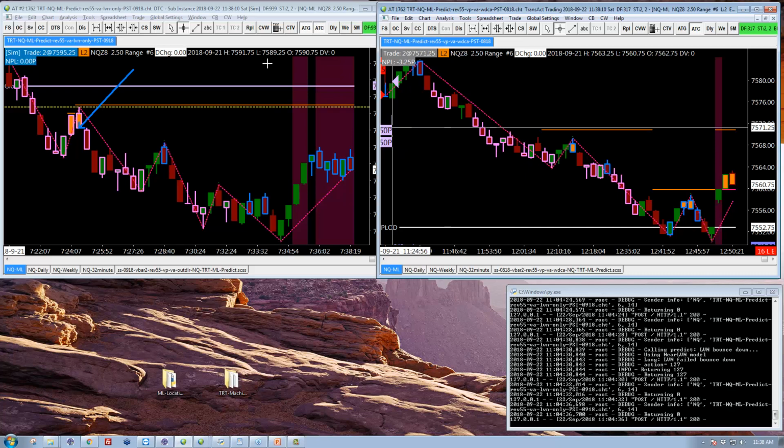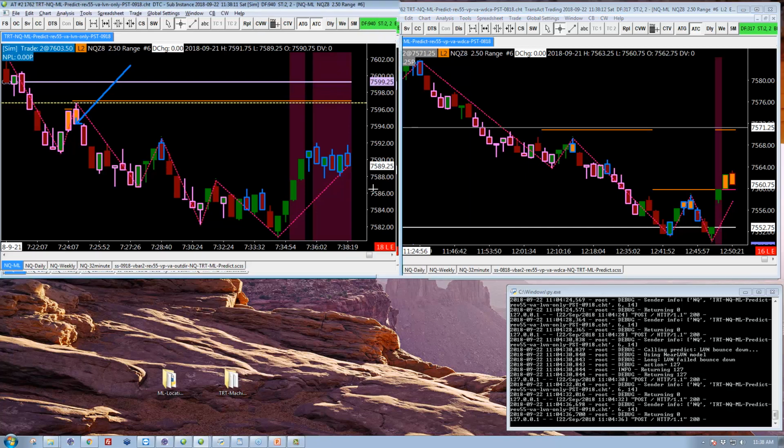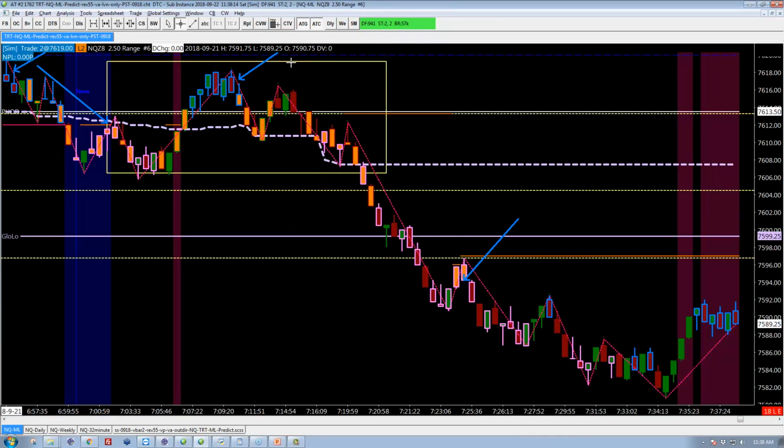So that's what's going to be happening in Sim starting next week: there'll be new stuff happening here at the edges that I'll be testing out, looking for that optimal spot. I don't quite have it yet.